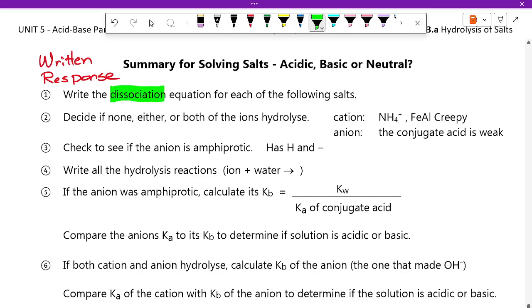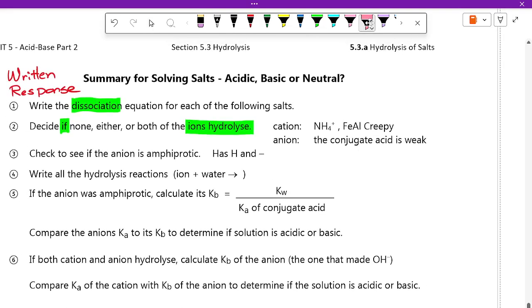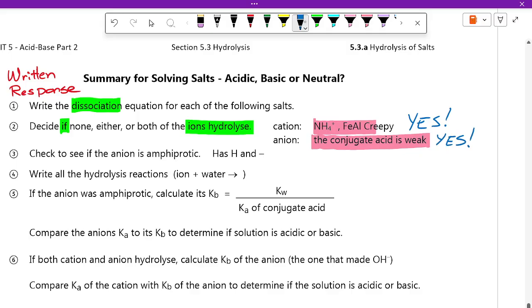You would need to decide if the ions hydrolyze. And so if it's a cation, if you have NH4 plus, then the answer is yes. If the conjugate acid is weak, the answer is yes. Anything else, the answer is no.